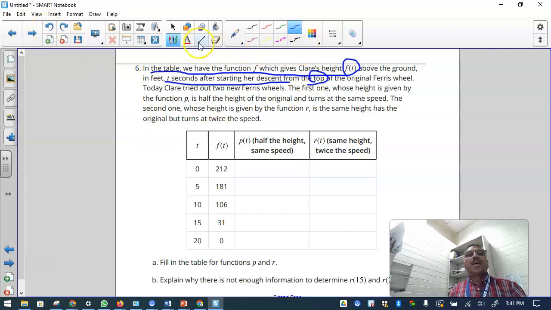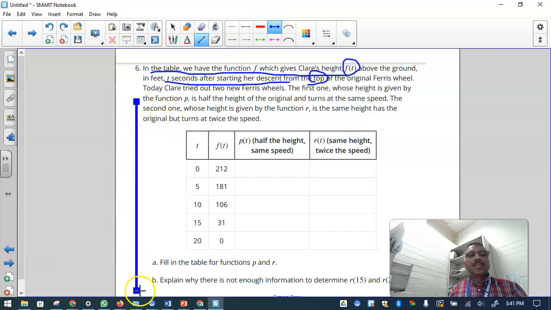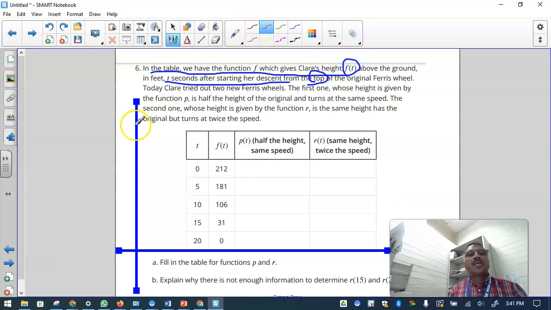Okay, so let's see, this is like an x-axis and a y-axis. And the Ferris wheel, let me mark, this is where she starts, 212. So that's 212, okay?